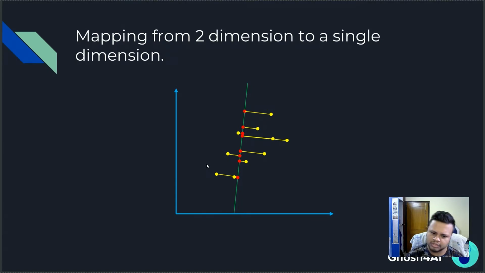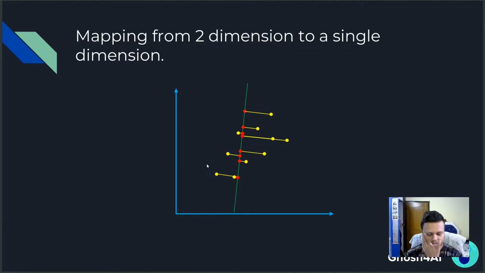Now, can we just create an arbitrary axis like this, map the samples onto that axis and use them? Of course we can. It's not that we can't use them, but the thing is, will it be effective enough? What do we actually desire when we are doing this kind of mapping from 2-dimensional space to a single dimensional space?